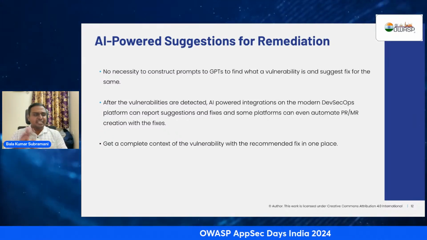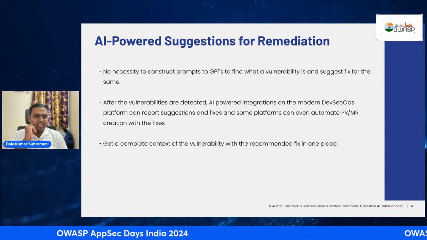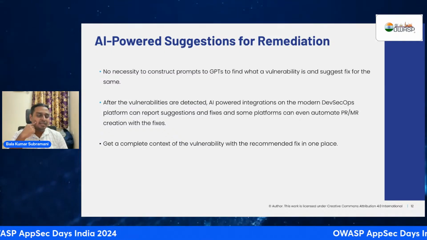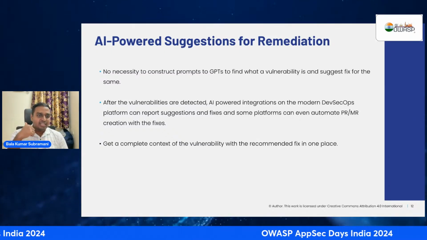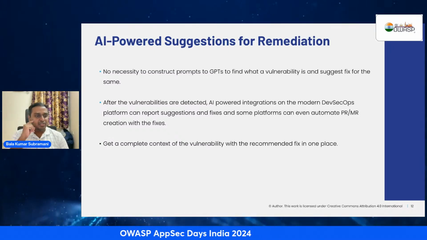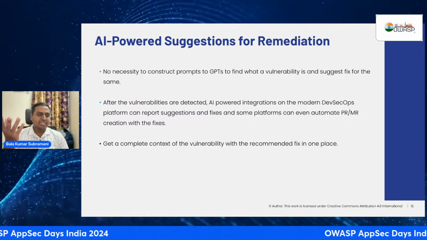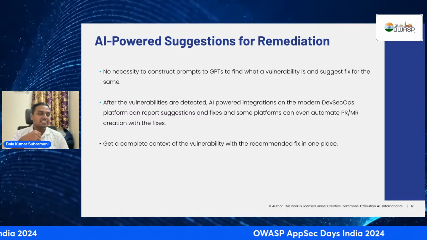Now the problem is there is too much context switching happening. The modern DevSecOps platforms have state-of-the-art models already integrated into the area where the vulnerabilities are being reported, and we can leverage that.